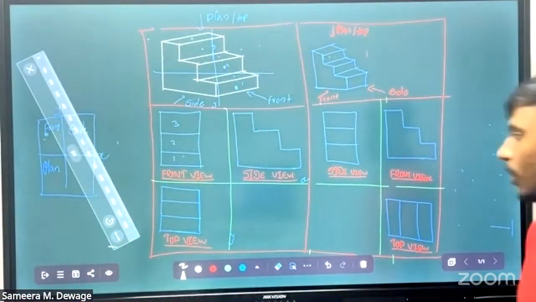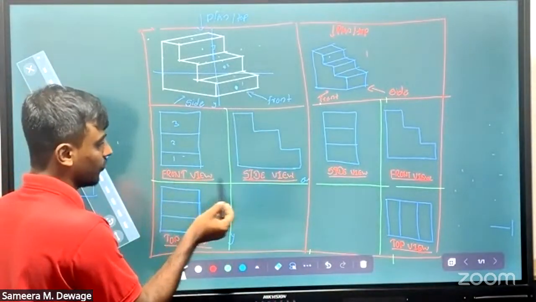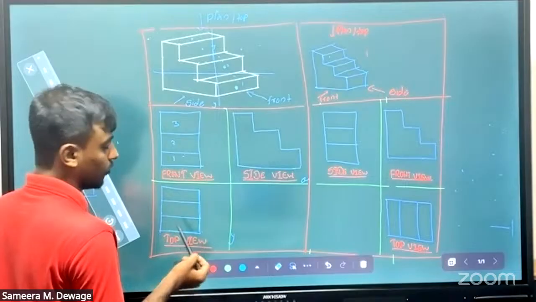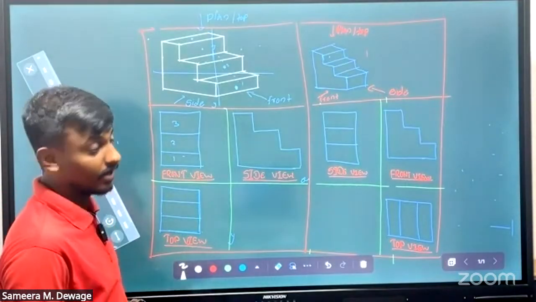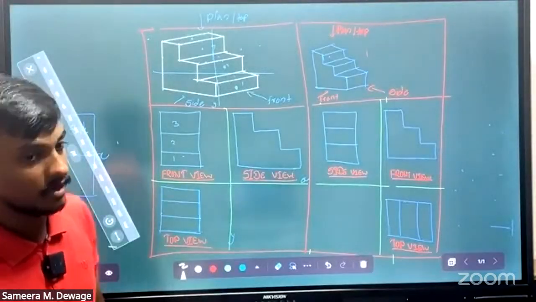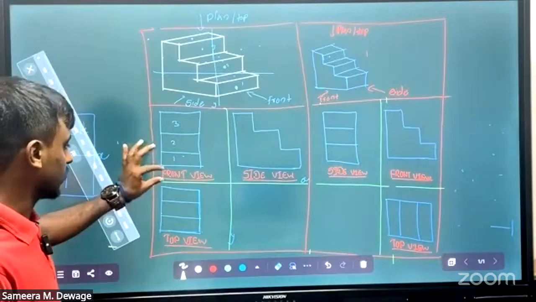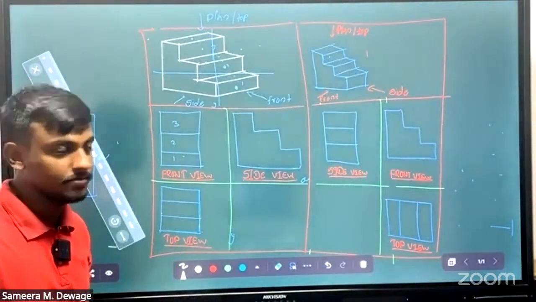Right? So you need to write this is front view, side view, top view by using capital letters, and the text height is 5 millimeter. The text height is 5 millimeter.